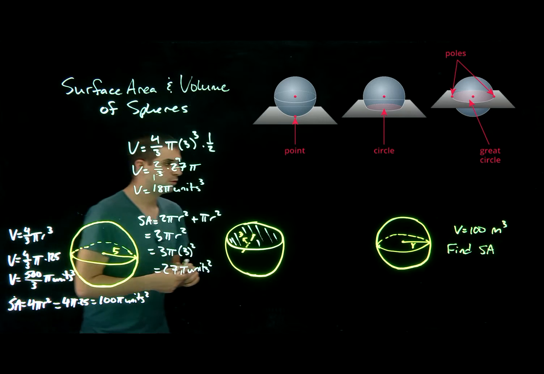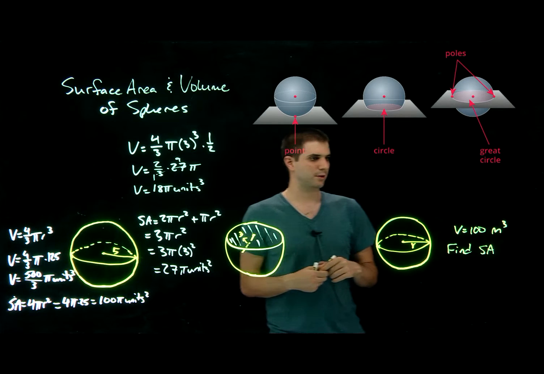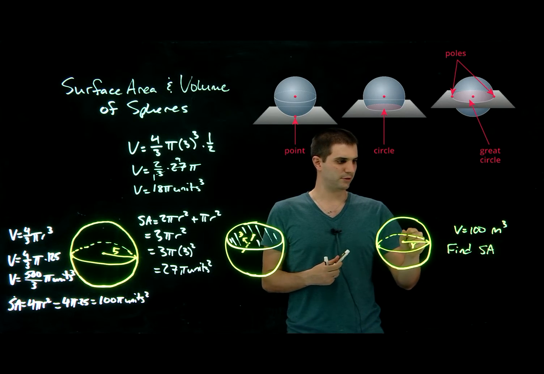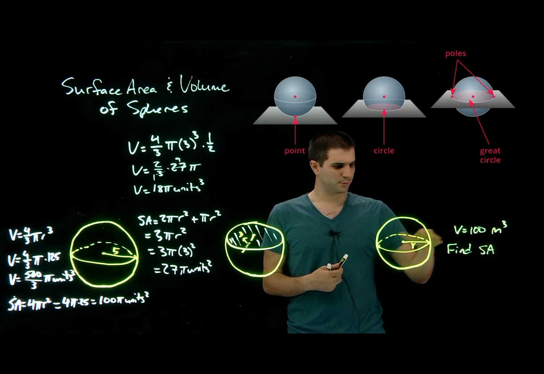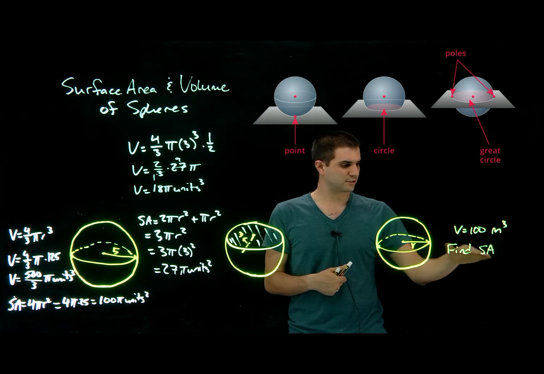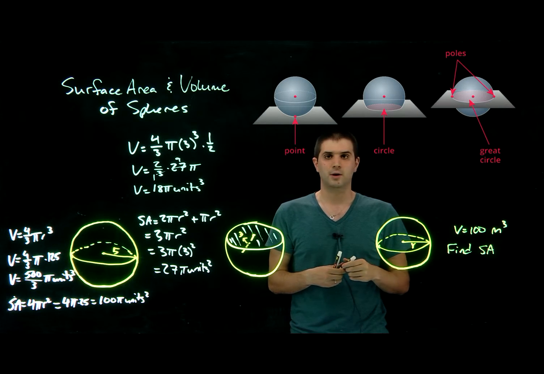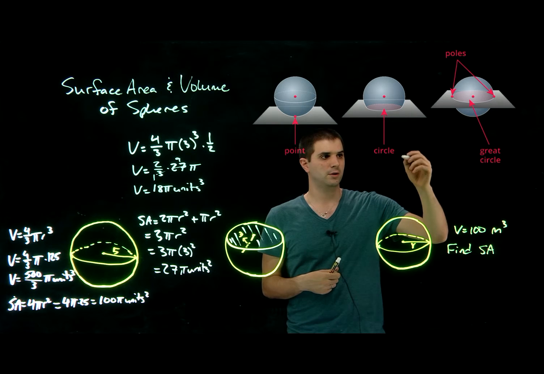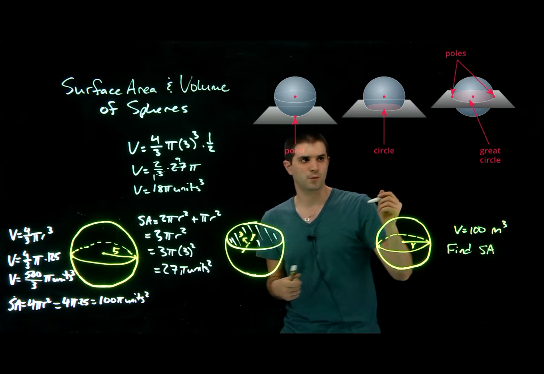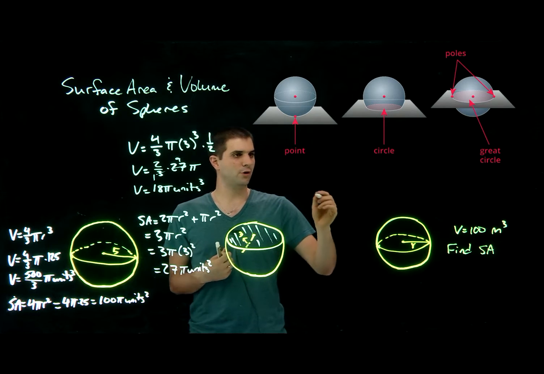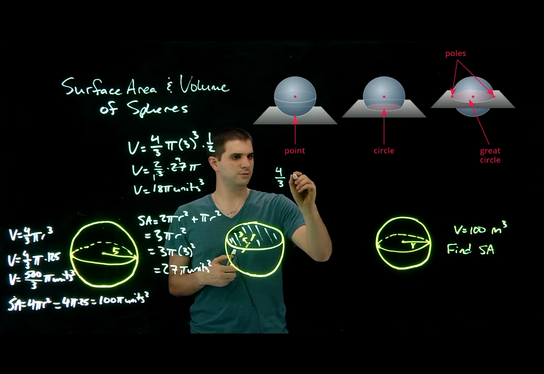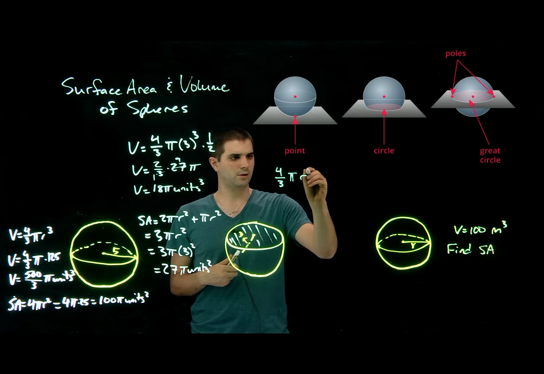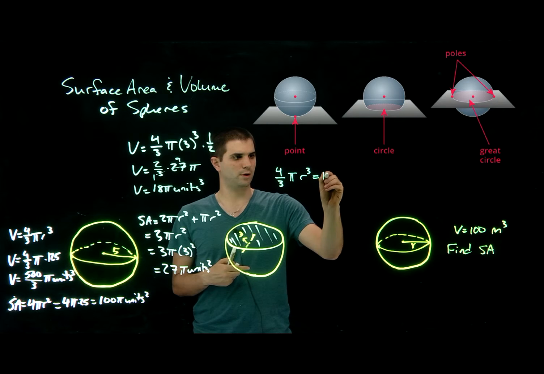Moving on then, we have another problem here. This looks a little bit tricky. We're given the volume, but we don't know the radius, and we're asked to find the surface area. So how are we going to work this out? We know that volume is 4/3 pi r cubed equals 100.